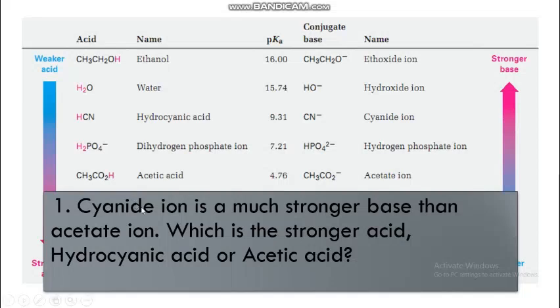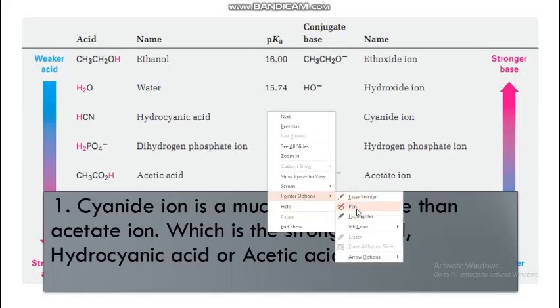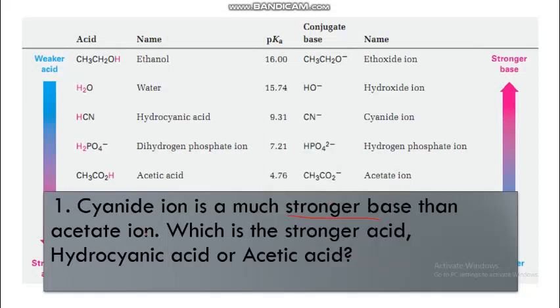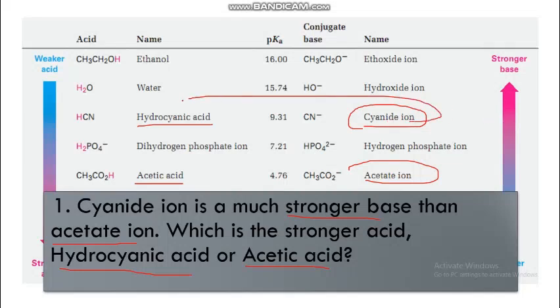So let's have an example. Cyanide ion is a much stronger base than acetate ion. So which is the stronger acid, hydrocyanic acid or acetic acid? Cyanide ion is the conjugate base of hydrocyanic acid, and acetate ion is the conjugate base of acetic acid. Now cyanide ion is a stronger base, making the hydrocyanic acid a weak acid.